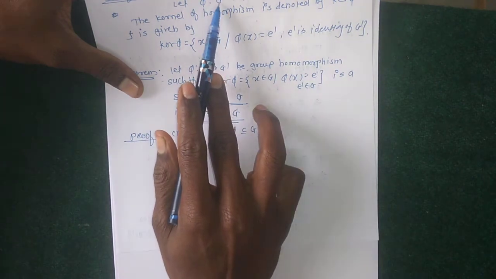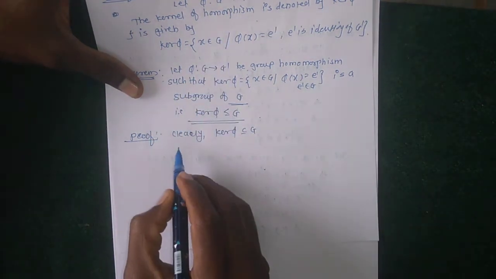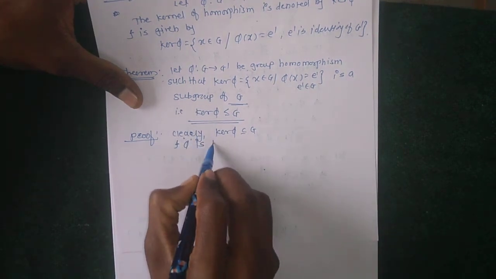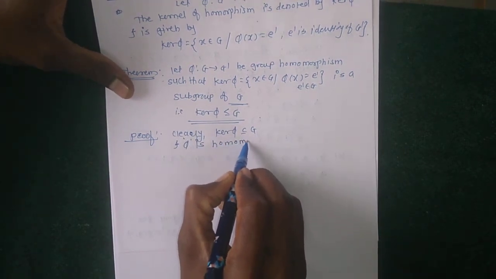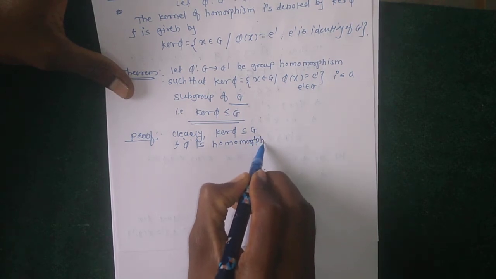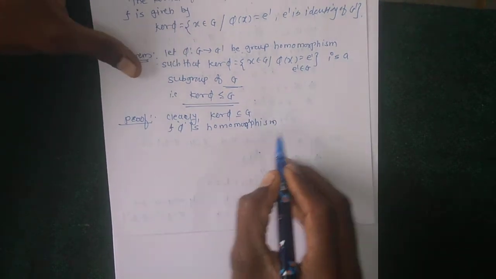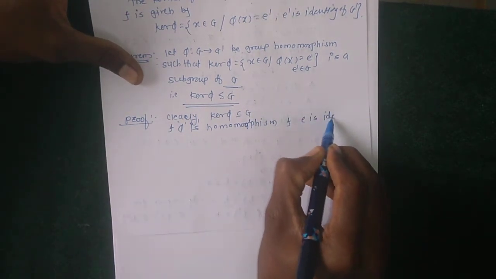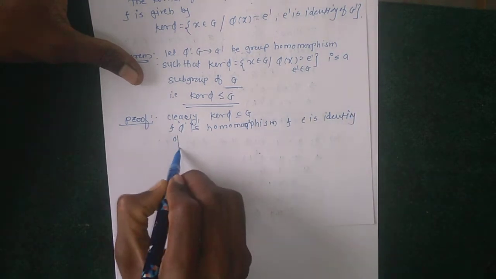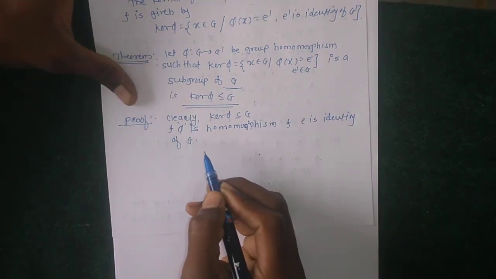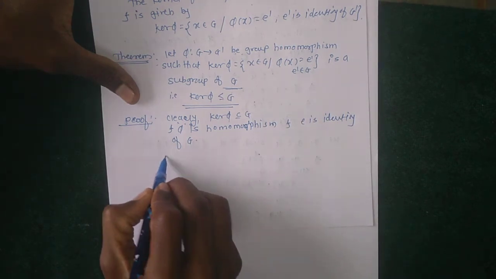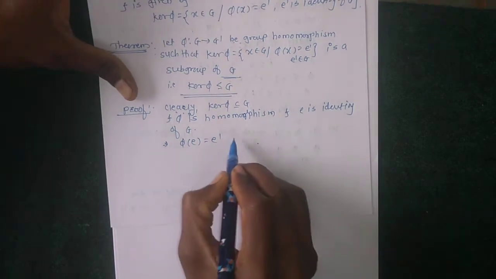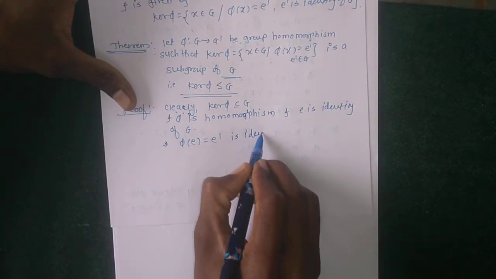Therefore kernel phi is a subset of G. Okay, and given that phi is a homomorphism, and E is the identity of G, which implies that phi of E equals E dash, the identity of G dash.